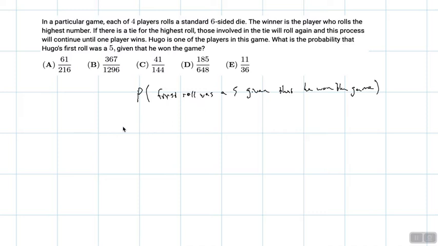We can break this down into 2 instances. A is Hugo rolls a 5 on his first roll. And scenario B is Hugo won the game.